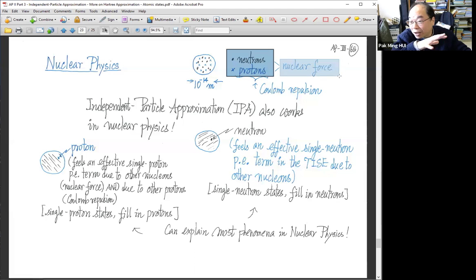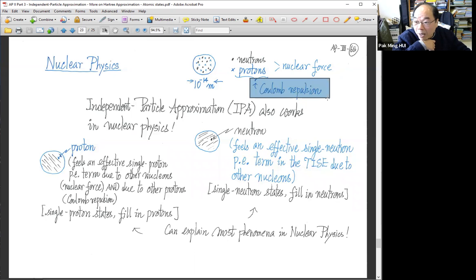But we are doing nuclear physics discussion here, so it is a short-range nuclear force. In addition to that, proton-proton, the crosses, of course, they are positively charged, they have Coulomb repulsion as well. So proton will interact through 2 ways, Coulomb and nuclear force, but neutron only interacts with all the other neutrons and protons through nuclear force.